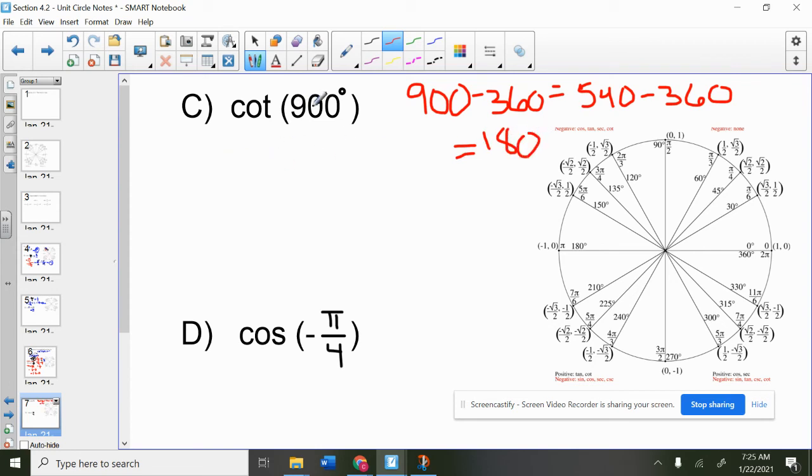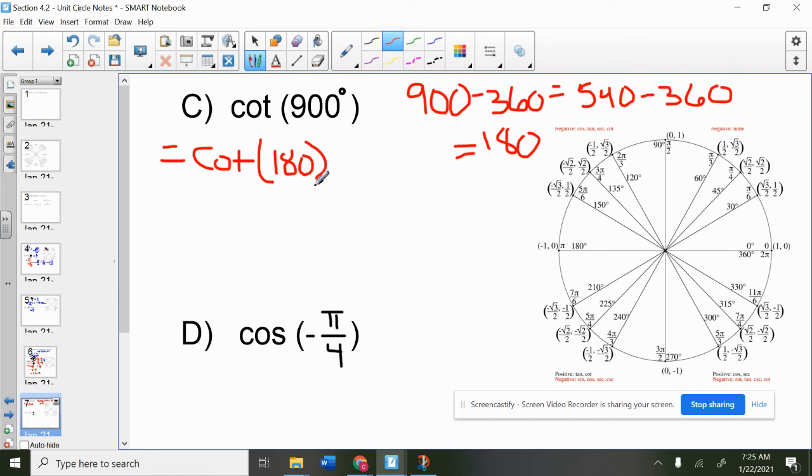So that means that 900 and 180 are coterminal. Now, if they're coterminal, they'll end on the same terminal side, which means they'll share the exact same coordinate points. So the cotangent of 900 is the same thing as the cotangent of 180.